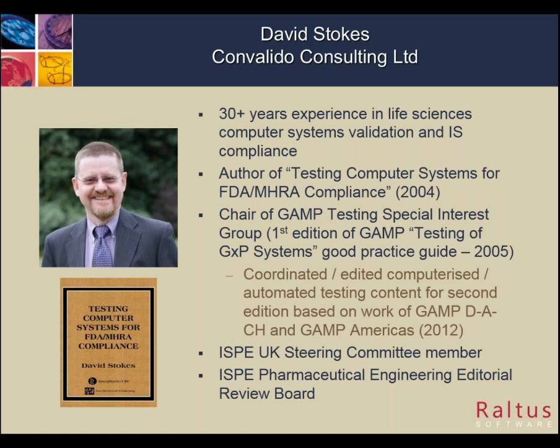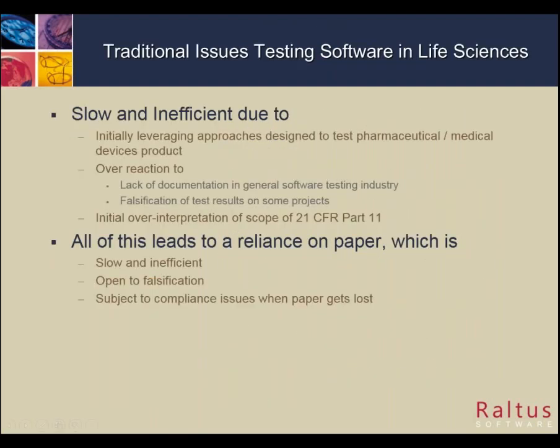GAMP Americas and the German-speaking GAMP DACH region did a lot of work, and I was responsible for working with those 2 teams to pull that content together, which forms a lot of the background to current regulatory guidance on computer-based testing. So I'm still quite heavily involved with ISPE and GAMP, and still very interested in testing as a topic.